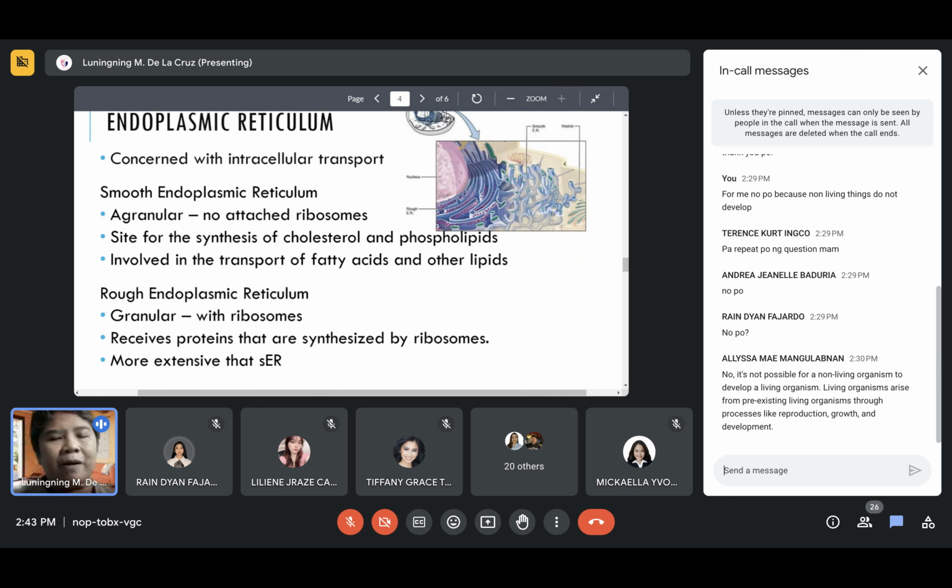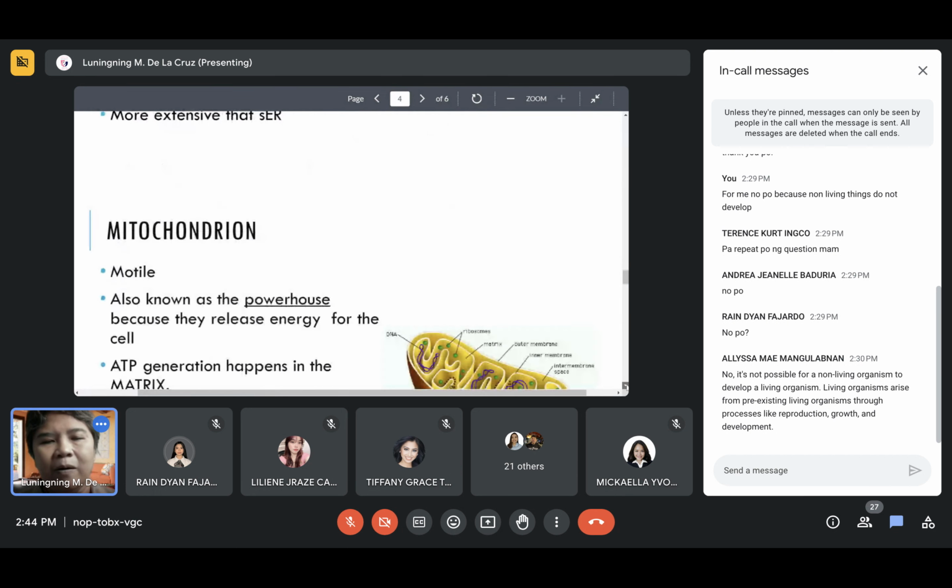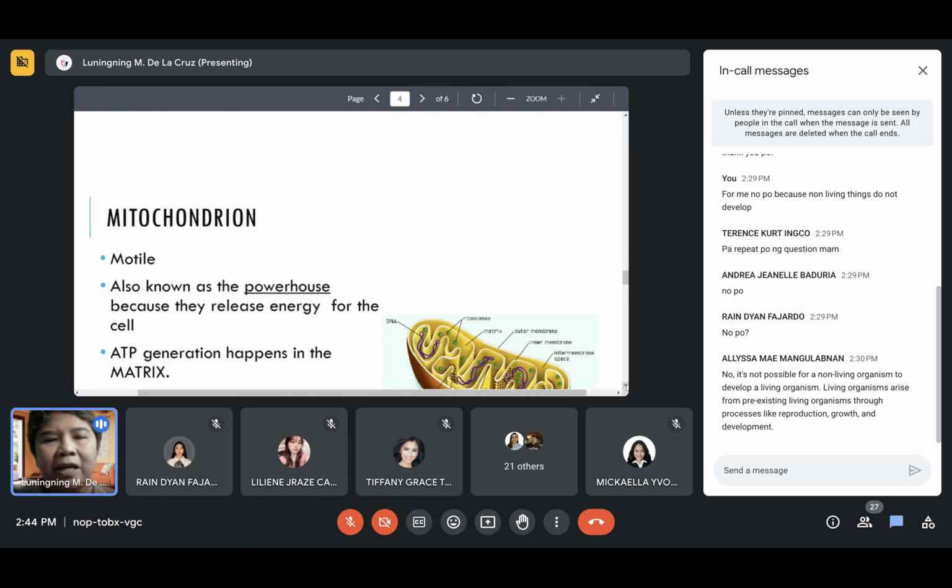And the rough endoplasmic reticulum is granular with ribosomes. It receives proteins that are synthesized by ribosomes. Okay? It is more lengthy compared with your smooth endoplasmic reticulum.